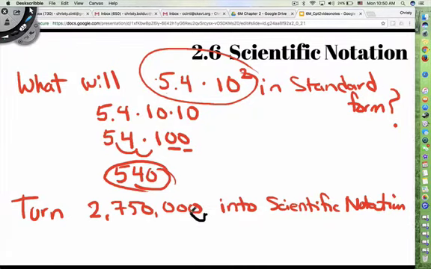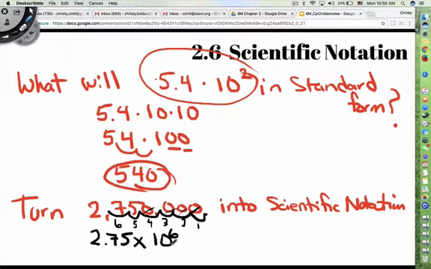I'm going to move it over 1, 2, 3, 4, 5, 6 places. I'm going to rewrite my number, 2.75. We're getting rid of the zeros. That's what the scientific notation is doing. But I'm going to remember how many places I passed. So I did 1, 2, 3, 4, 5, 6. Okay, so this is it in scientific notation: 2.75 times 10 to the 6th power.